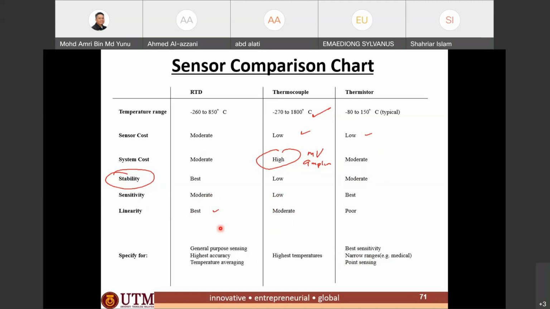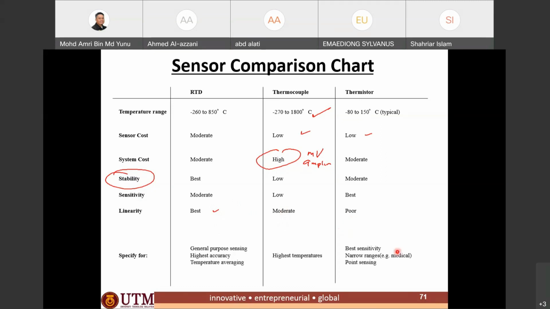Thermocouple is moderate, but thermistor has very high nonlinearity, so the effect of nonlinearity is not that obvious or significant at a narrow range.